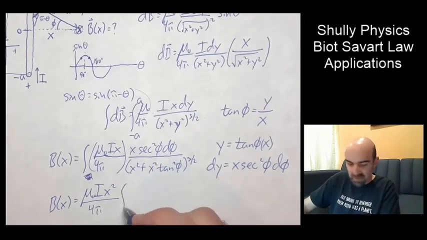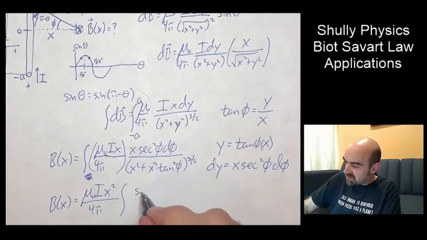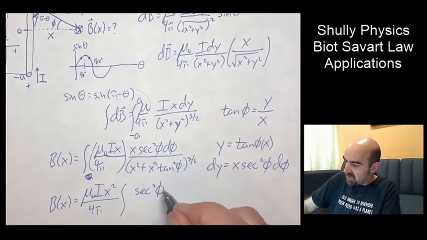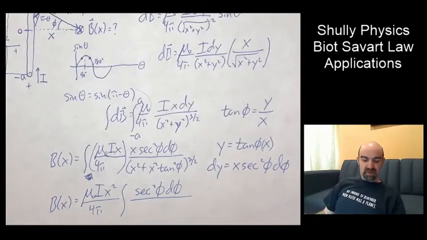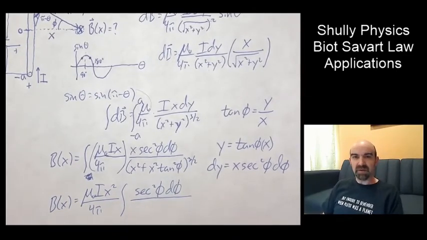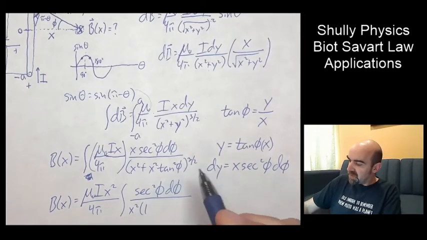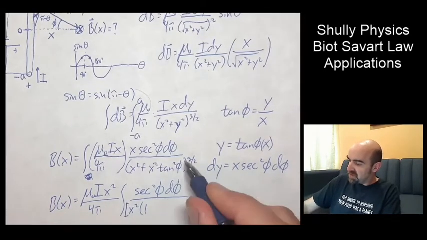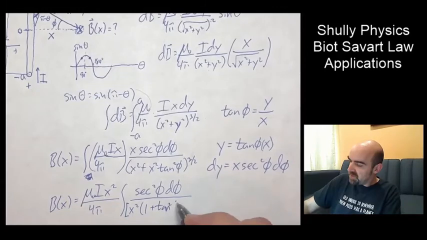All right, and we've got an integral of secant squared phi d phi. And the step I'm taking here is we've got an x squared plus x squared tan squared phi. Now if I factor out an x squared from that inside of this 3/2 power thing here, then we'd end up with a 1 plus tan squared phi.